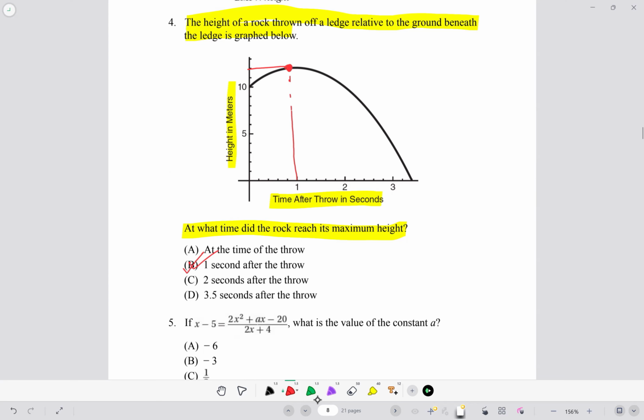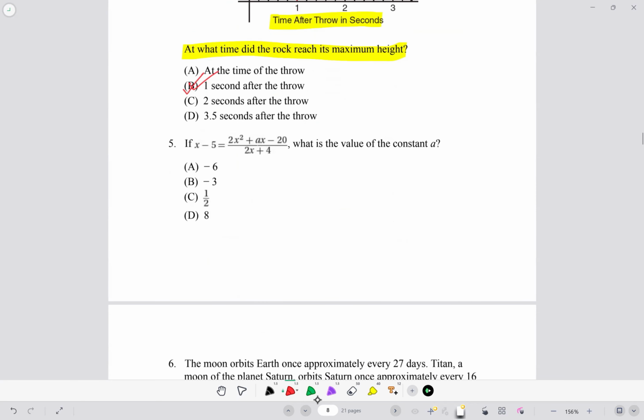Okay. So if x minus 5 equals 2x squared plus ax negative 20 divided by 2x plus 4, what is the value of the constant a?